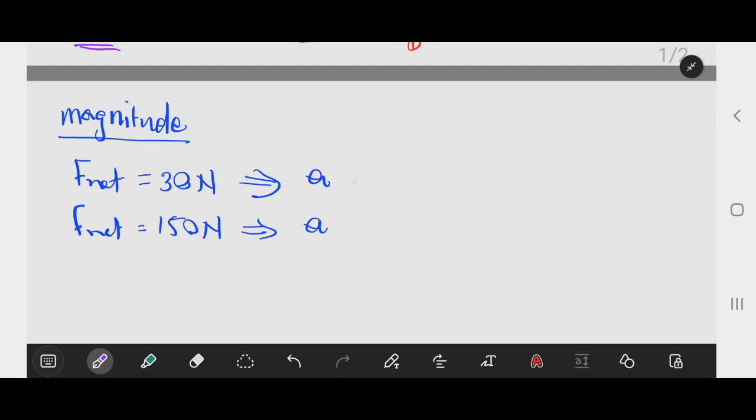That would give an acceleration which is lower compared to the acceleration which is given by the 150 newtons, which is going to be a higher, or a large, acceleration. So the greater the net force that you apply, the greater the acceleration that you would get. The smaller the net force that you apply, the smaller the acceleration that you will get.